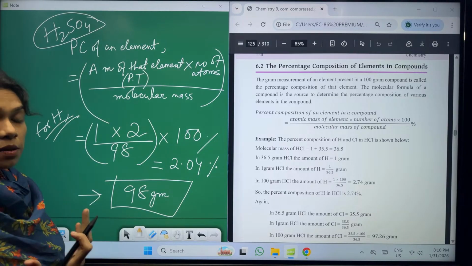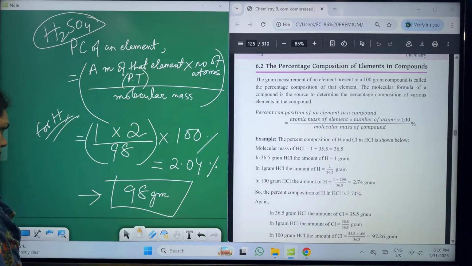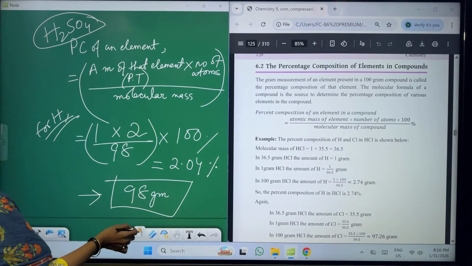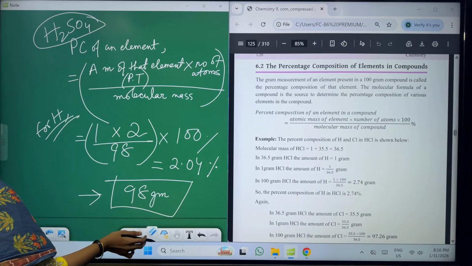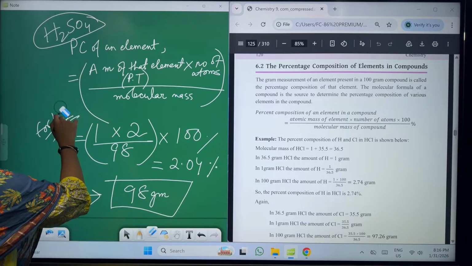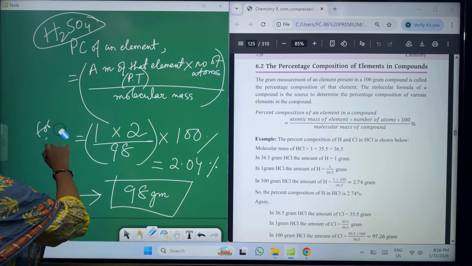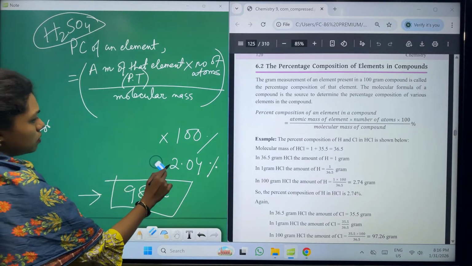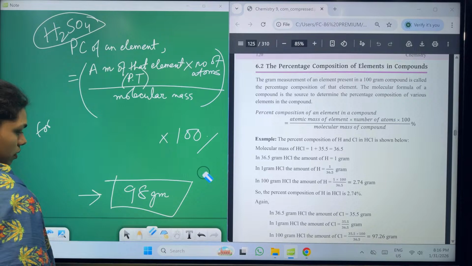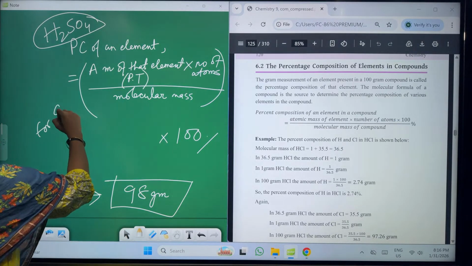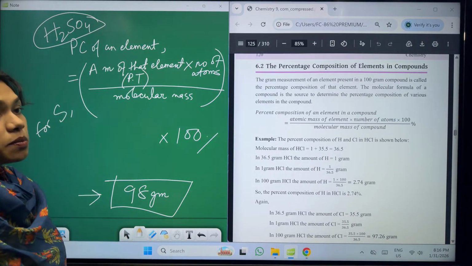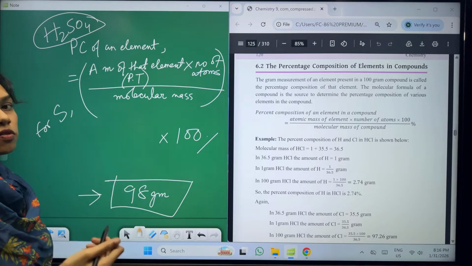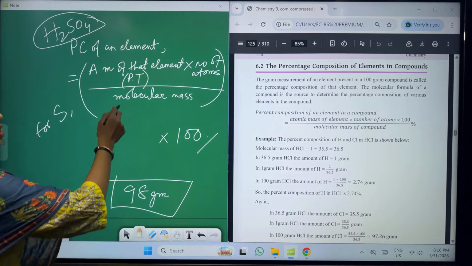Now we are going to do the same for sulfur. So I'm going to keep the formula. Now for sulfur, what is the mass of 1 mole of sulfur atoms that we derive from the periodic table?